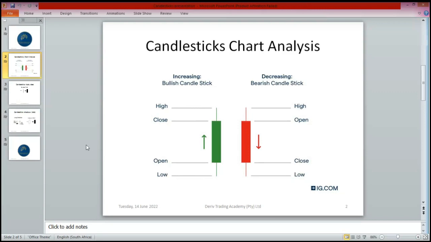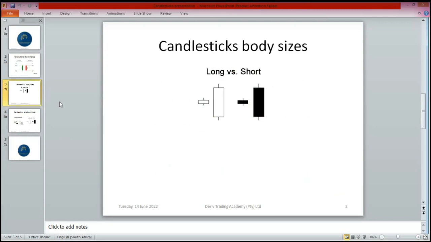Okay, let's go to our next slide, candlestick body sizes. Just like I mentioned at the beginning of this session, candlesticks have different body sizes.